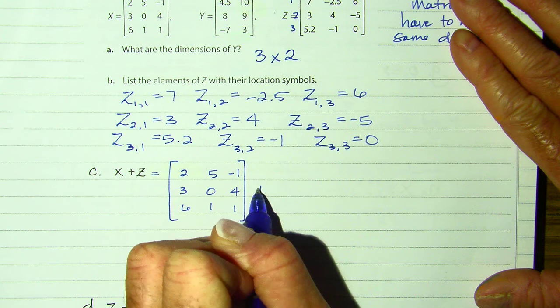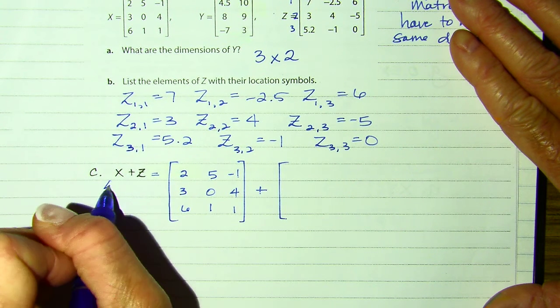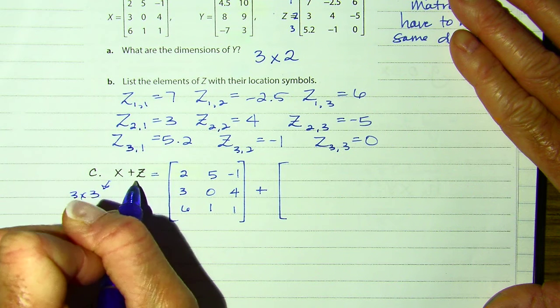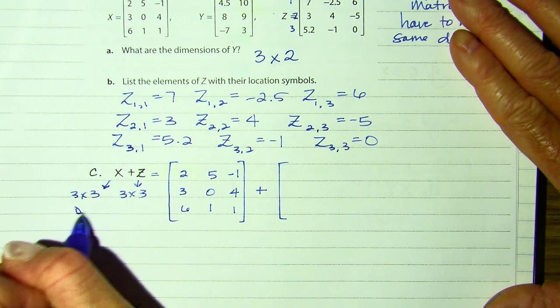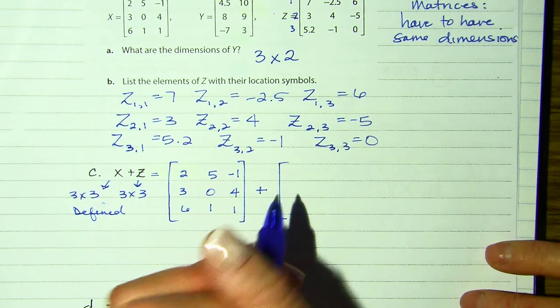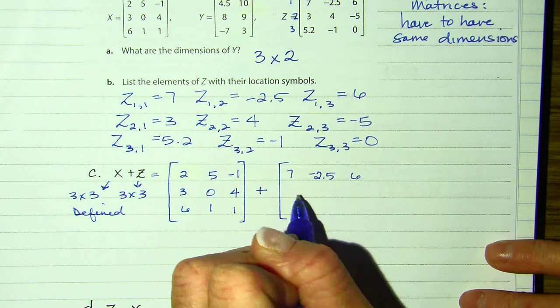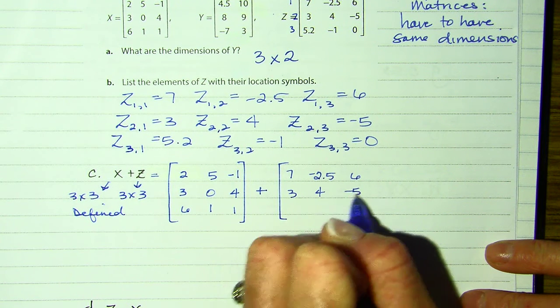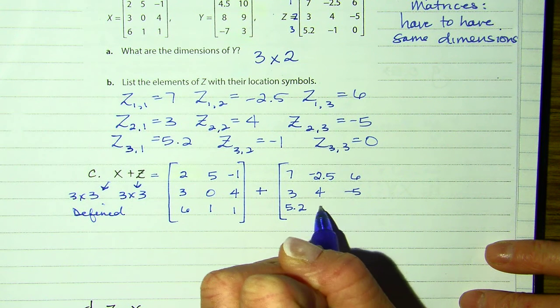And they'd like us to add matrix Z. Now notice matrix X is a 3 by 3 and matrix Z is a 3 by 3. So I can add them. This is defined because they have the exact same dimensions. So matrix Z is 7, negative 2.5, 6, 3, 4, negative 5, 5.2, negative 1, and 0.